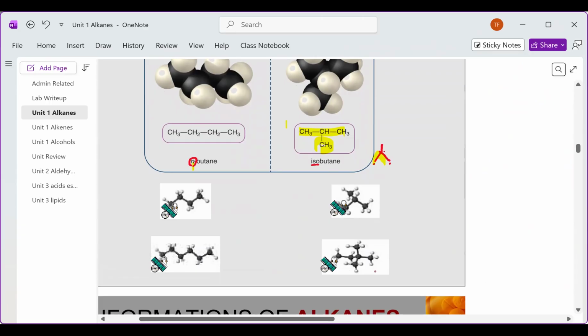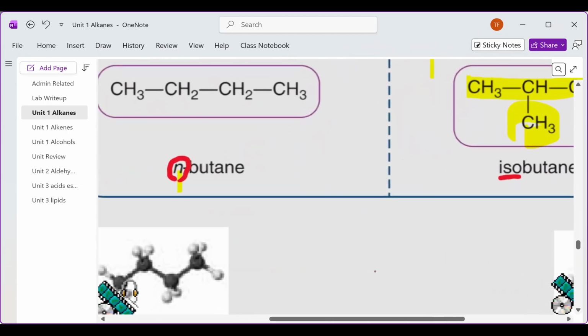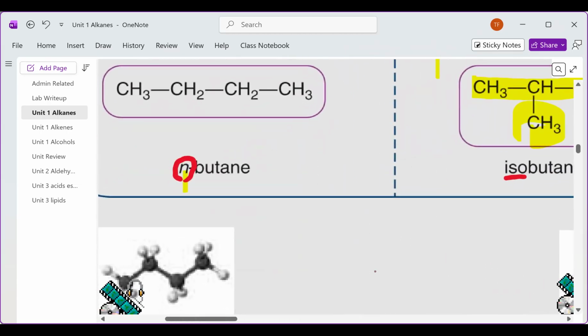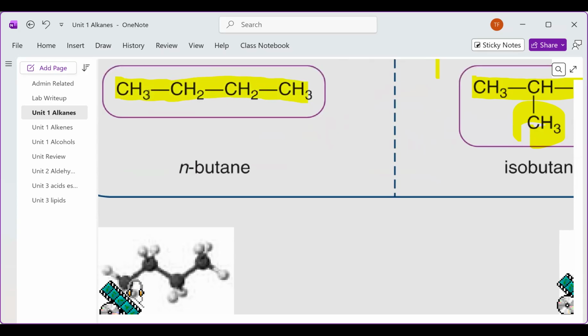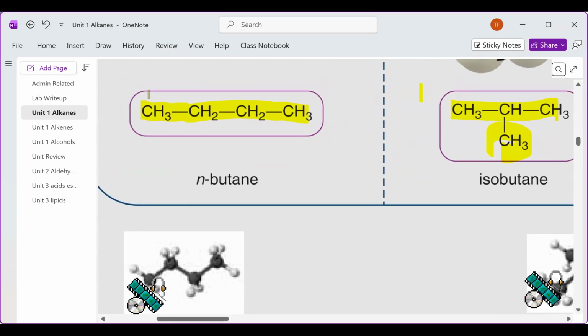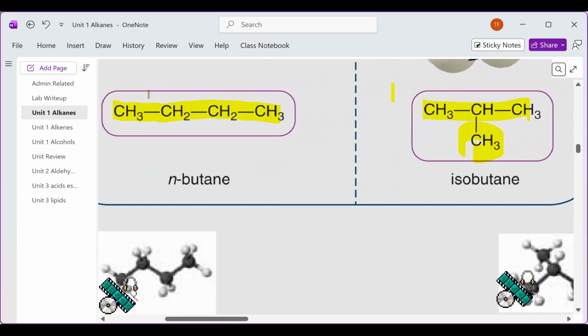Okay, so this has got 4 carbons in the backbone. And then this has 2 versions of the backbone.